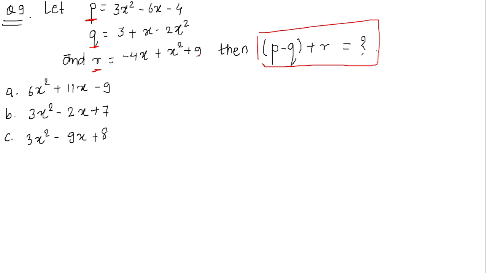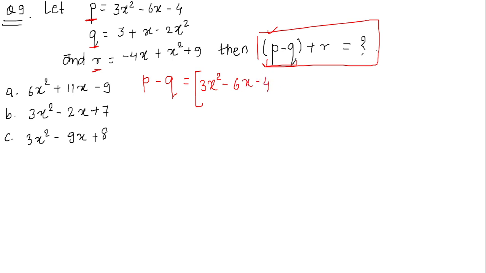Okay, so let us solve this now. A very simple question again. We'll solve first only p minus q. I'll find this value and then add plus r to it. So the value of p that they have mentioned here is 3x square minus 6x minus 4.